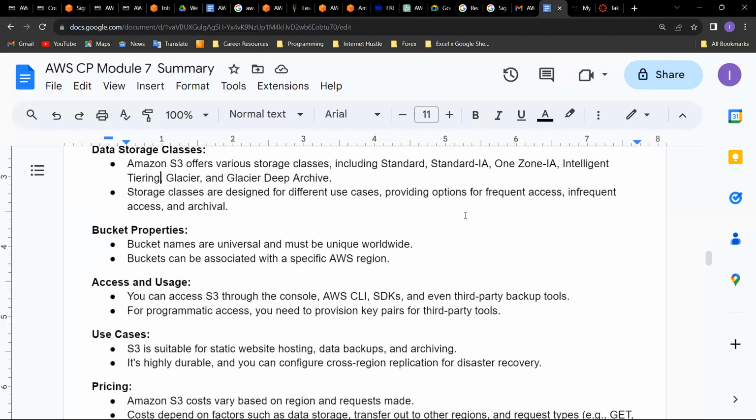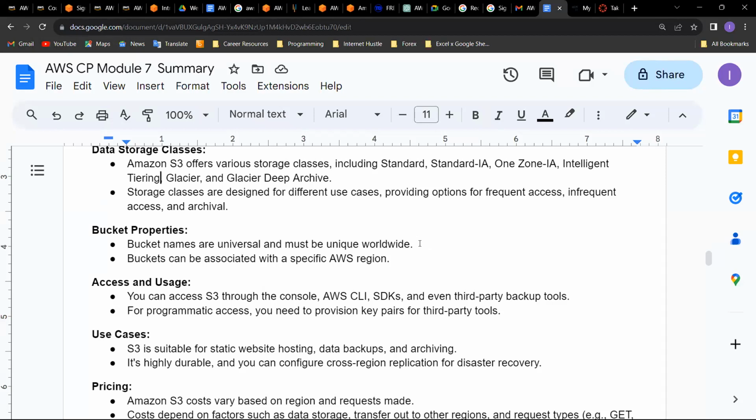All right. And bucket names are universal and must be unique worldwide. What does this one mean? Does it mean that if I have my bucket name as CC, no other bucket should have that name?